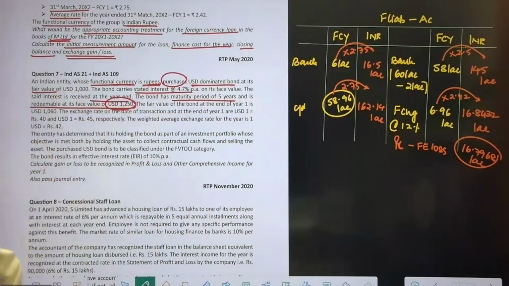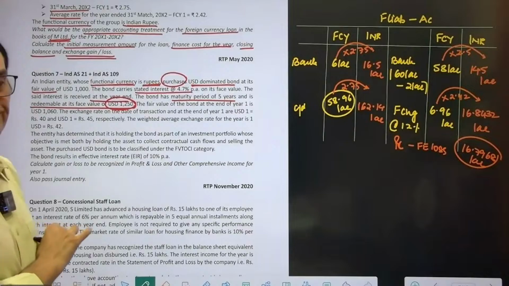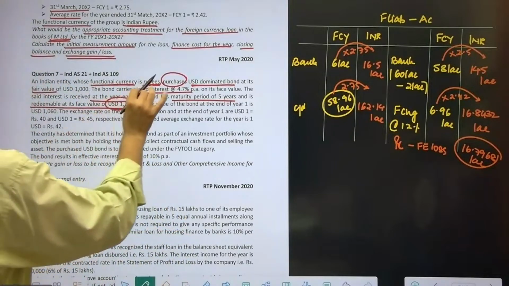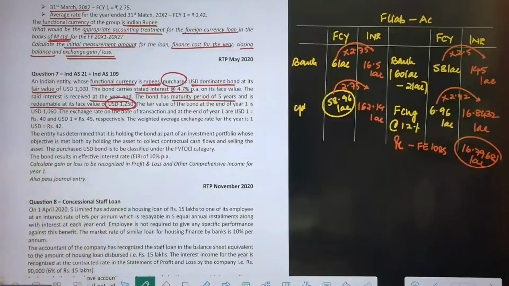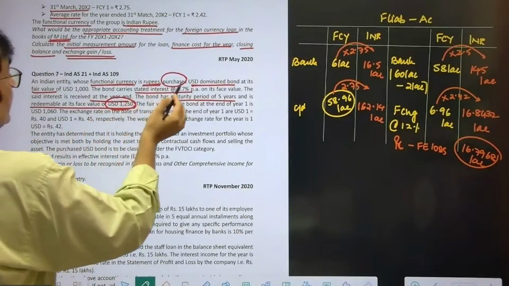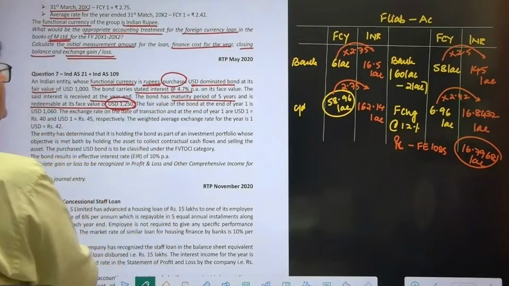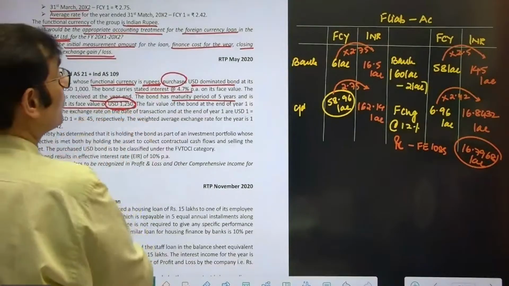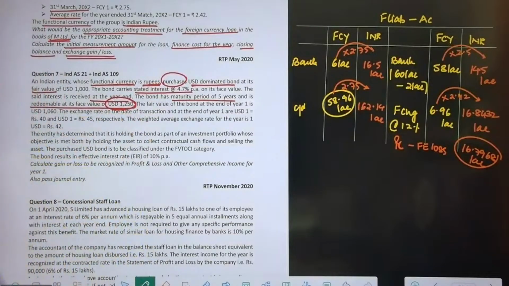Is it redeemed at a premium? Yes, sir, premium. Right, because you purchase the bond at 1,000, and assuming that the face value is 1,000, though I'm yet to see where the face value is, what will this trigger? Can I say EIR again? Yes, sir.